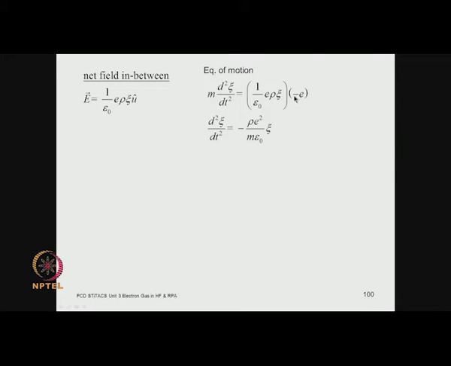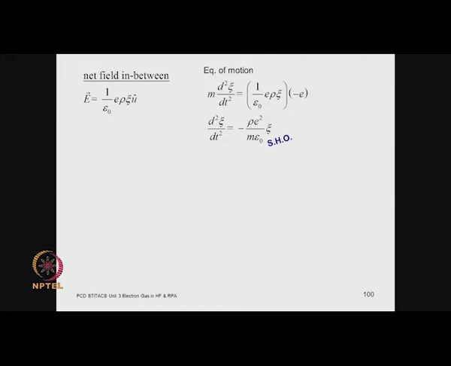You immediately see that this is nothing but the equation of motion for a simple harmonic oscillator. You have got the displacement and the restoring force, which are proportional to each other. So, it is a linear harmonic oscillator.